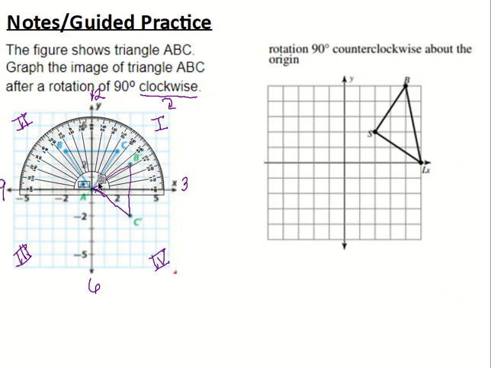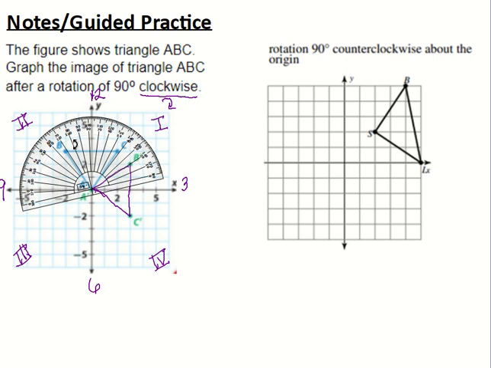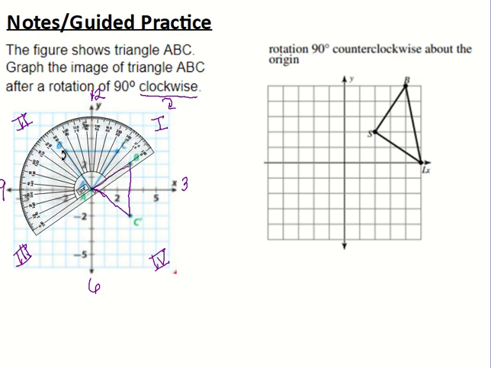This is 0, right on the axis, and there's 90. So I'm going to rotate 90 so it hits B, and if you look right here, look where B prime is. It's directly on the 90, as close as I'm going to get with this picture. From B to B prime, it makes a 90-degree angle. That's where the 90 comes in.